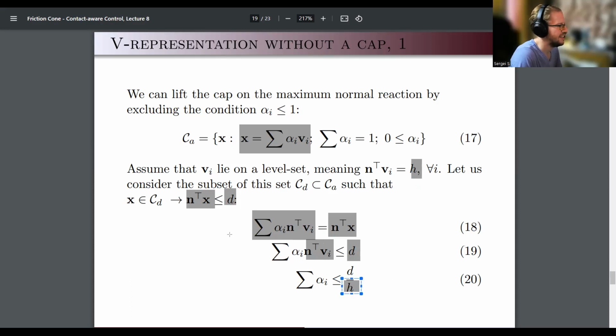So what we have is the sum of alpha i is less than or equal to d divided by h. Interesting. So for this sub-level subset C sub d, the sum of alpha i would be less than or equal to d divided by h. Okay, let's go on.